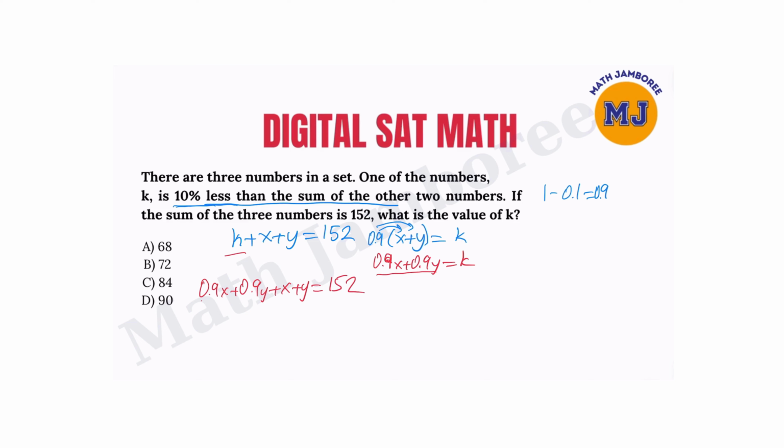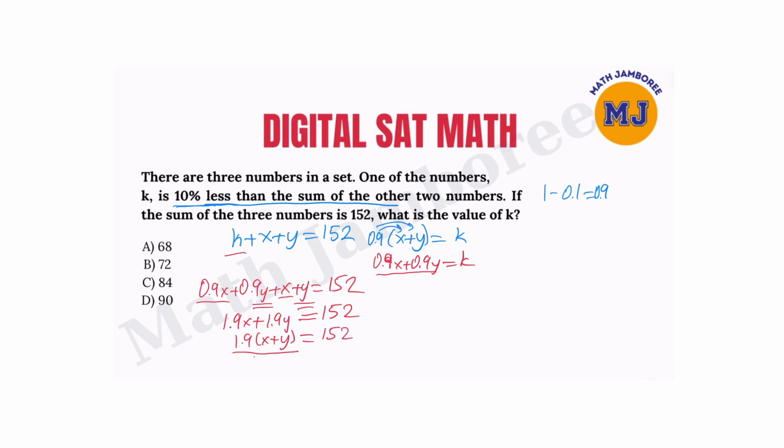So let's combine the like terms. 0.9x plus x makes 1.9x, plus 0.9y plus 1y gives us 1.9y, equal to 152. So we take 1.9 parentheses x plus y equals 152.